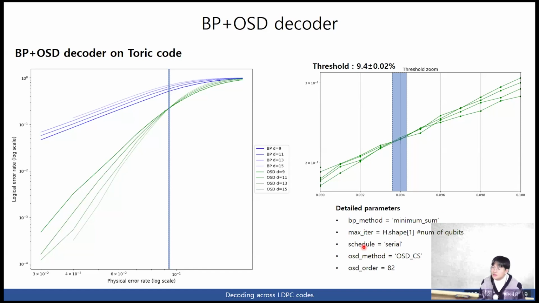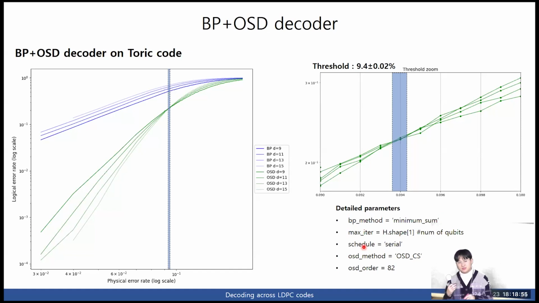BP converges well for a linear code, but that is not the case for quantum codes, because the density will be quite high, whereas the connectivity will be 1 or 2.